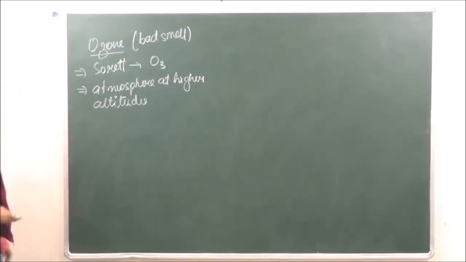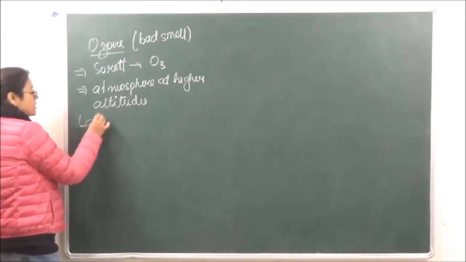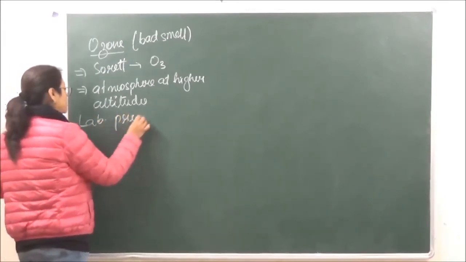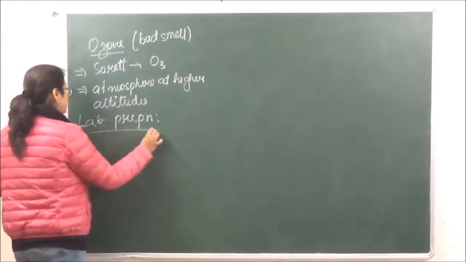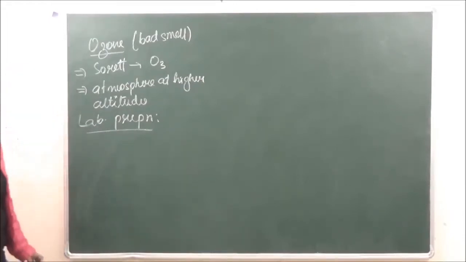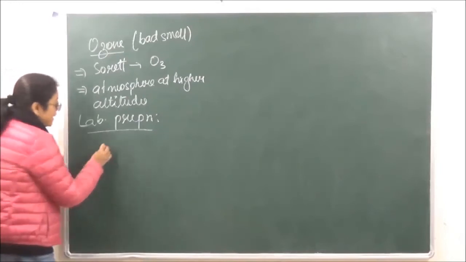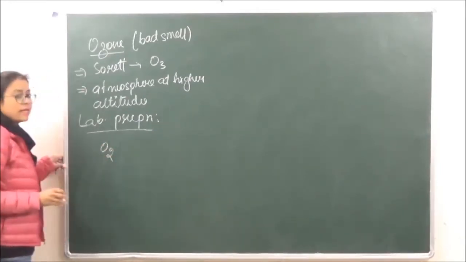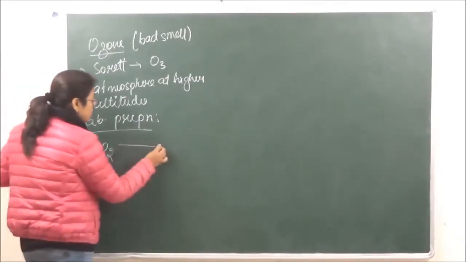Okay? Let's go on to the preparation. Laboratory preparation of ozone. Ozone is generally obtained by passing electric discharge over oxygen.